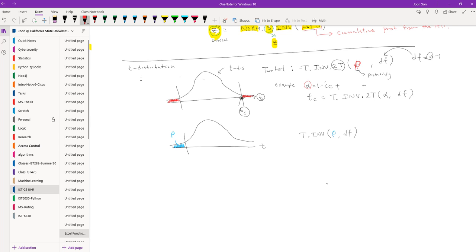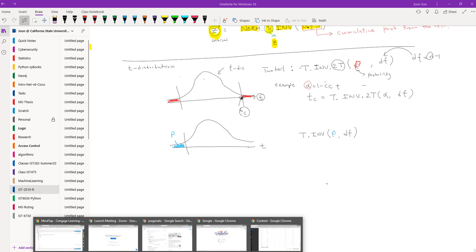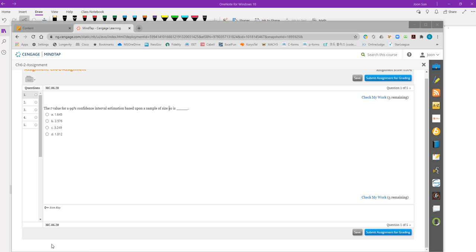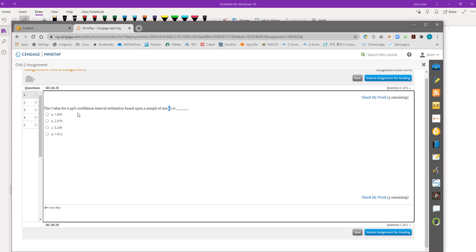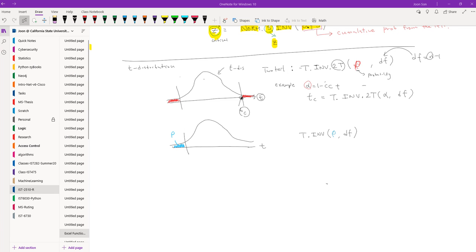So let's just use the example given in the assignment. The example is a 99% confidence interval.